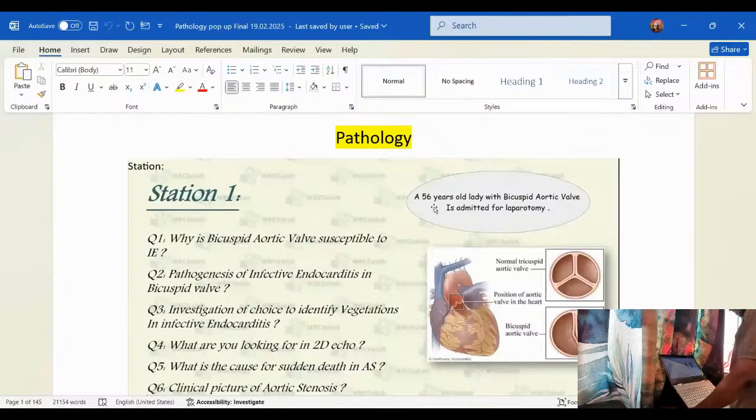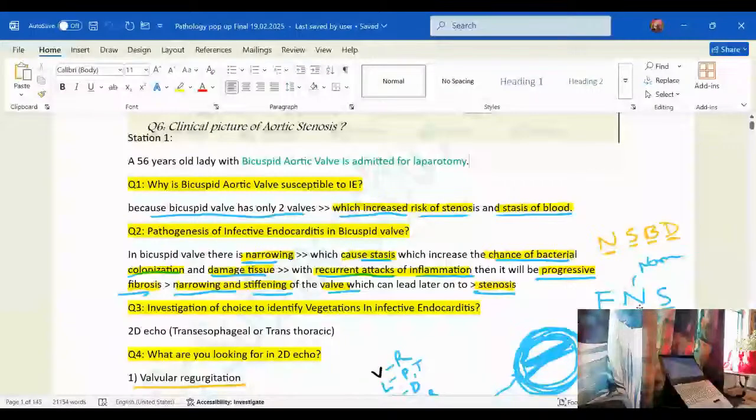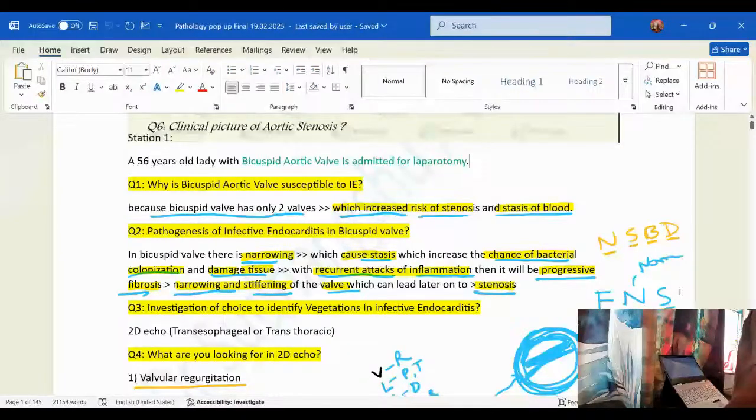A 56-year-old lady with bicuspid aortic valve is admitted. So it will be your revision also. Because bicuspid valve has only two cusps, which increases the risk of stenosis and stasis of the blood. In bicuspid valve there will be narrowing, which causes stasis, and it increases the chance of bacterial colonization and damage to the tissue.